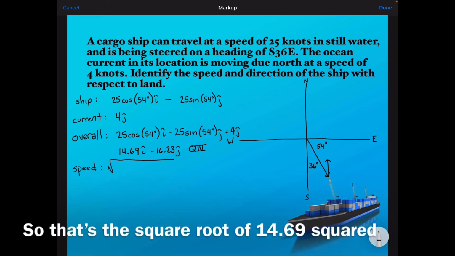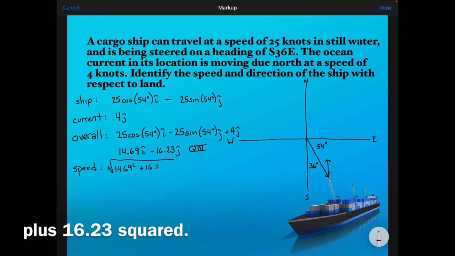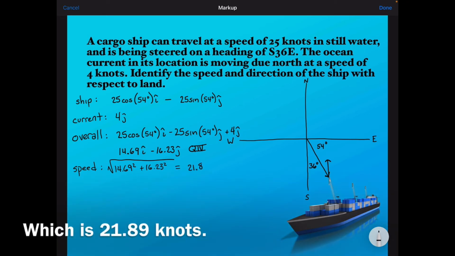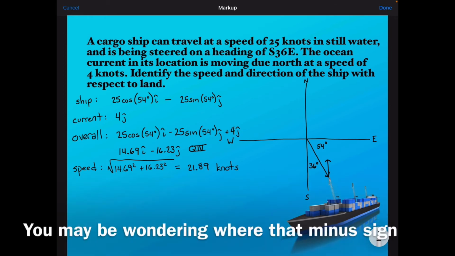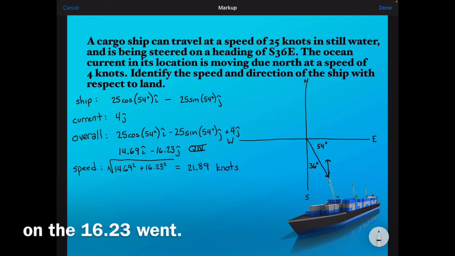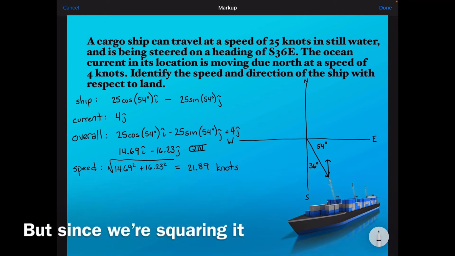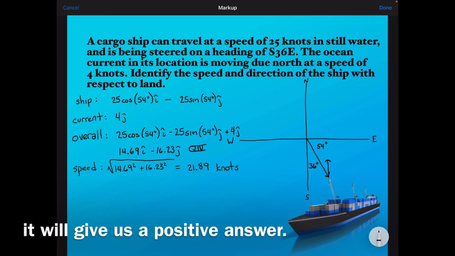So that's the square root of 14.69 squared plus 16.23 squared, which is 21.89 knots. You may be wondering where that minus sign on the 16.23 went, but since we're squaring it, it will give us a positive answer.